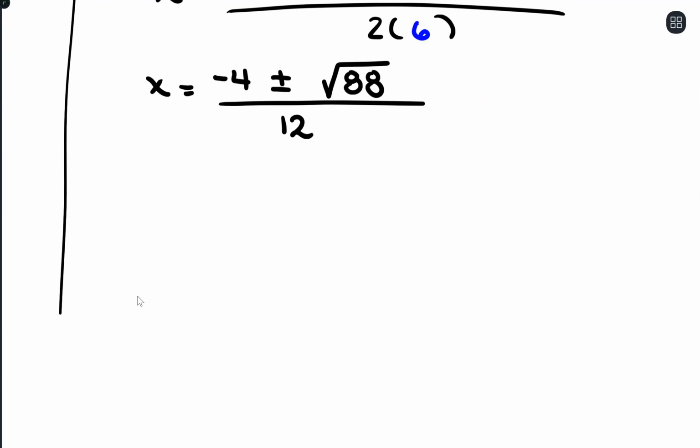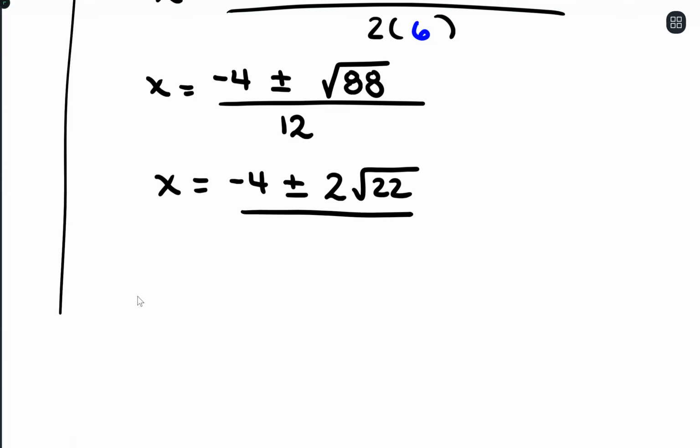So what I'm going to do is rewrite our quadratic formula here as negative 4 plus or minus 2 times the square root of 22 over 12. And then a step to simplify this is, again, thinking of those 3 sections. So we have this negative 4, we have this 2 root 22, and we have this 12.